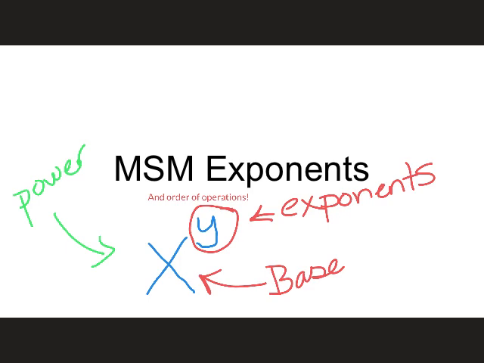So for example, if you had 2 to the power of 28, that would be 2 times 2 times 2 times 2 times 2, on and on and on and on, 28 times. The base is 2 because that's the number that's multiplying. The exponent is 28 because that's how many times you multiply it together.